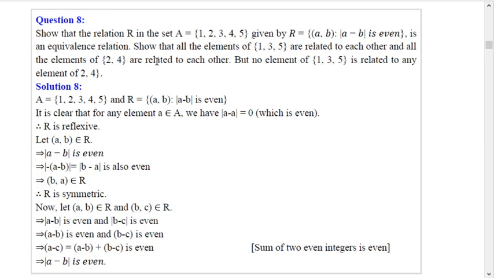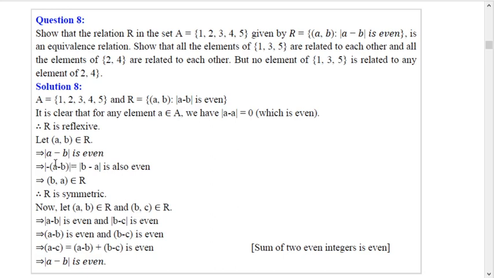Now see here A equals this and R equals this. If we choose an element a, then |a - a| is 0, which is also even. So R is reflexive. Now (a, b) belongs to R, which means |a - b| is even.